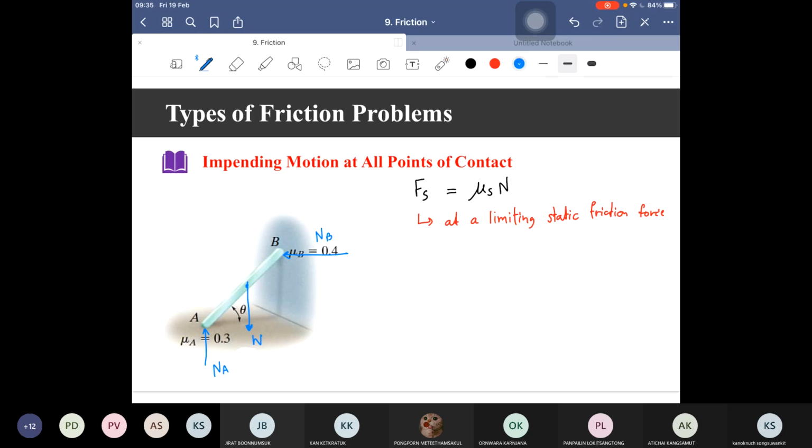That is, at point B, the bar will slide down, so the friction must exert to resist the sliding, FB. And at the floor, at point A, the bar tends to slide to the left-hand side, so the friction force must be produced to resist that, FA, in this direction.